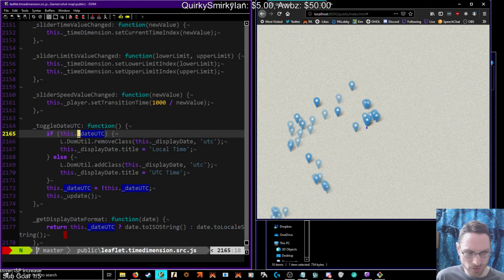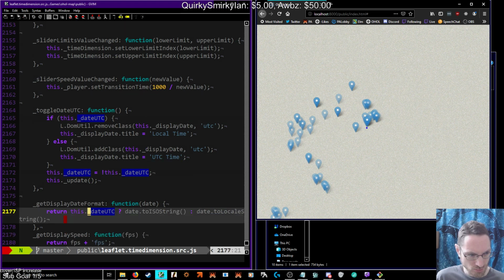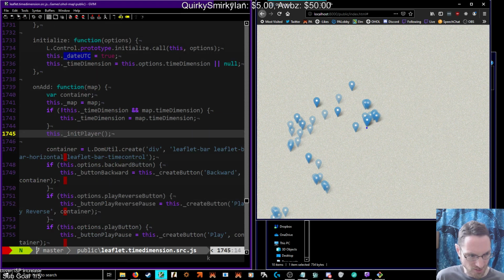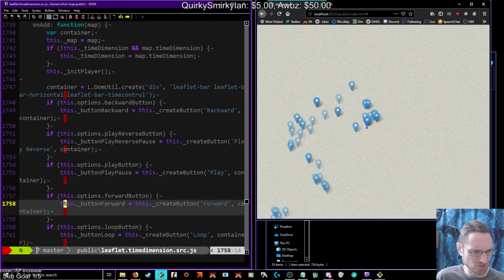Okay, so the only thing we could do, and what's weird is that when I messed up the this on the on add, we still got all our buttons. Maybe it initialized a completely separate control?